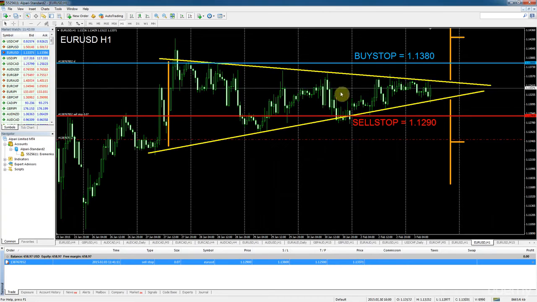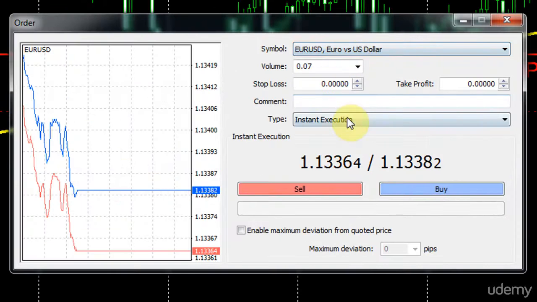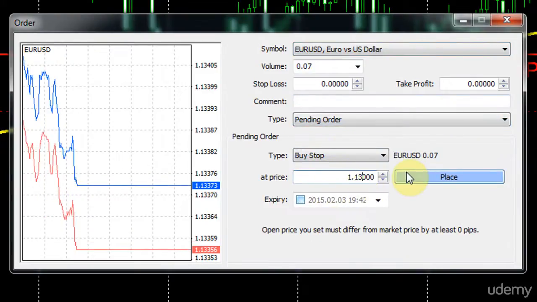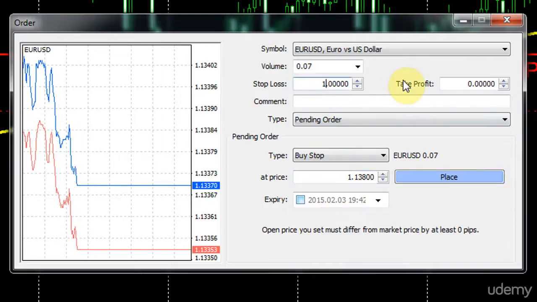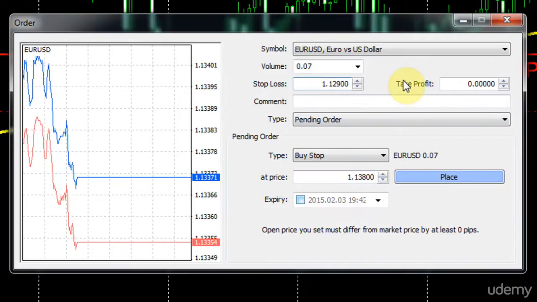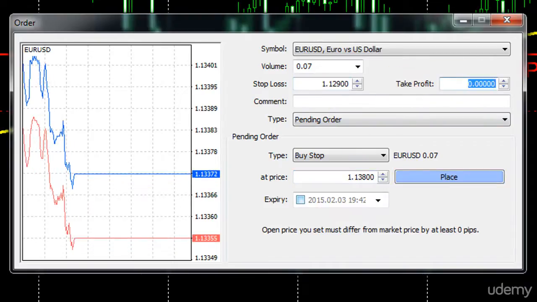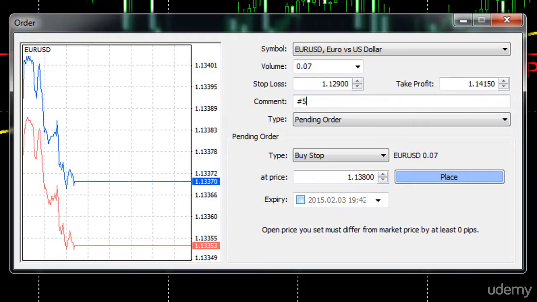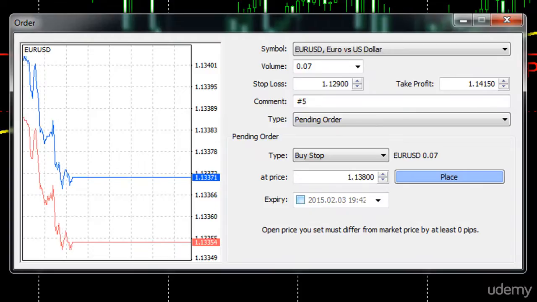And now we will conduct our buy stop order. So pending order, buy stop, 1.1380, stop loss 1.1290, take profit I've also got it written down, so it's 1.1415, comment, this is number 5, buy stop.